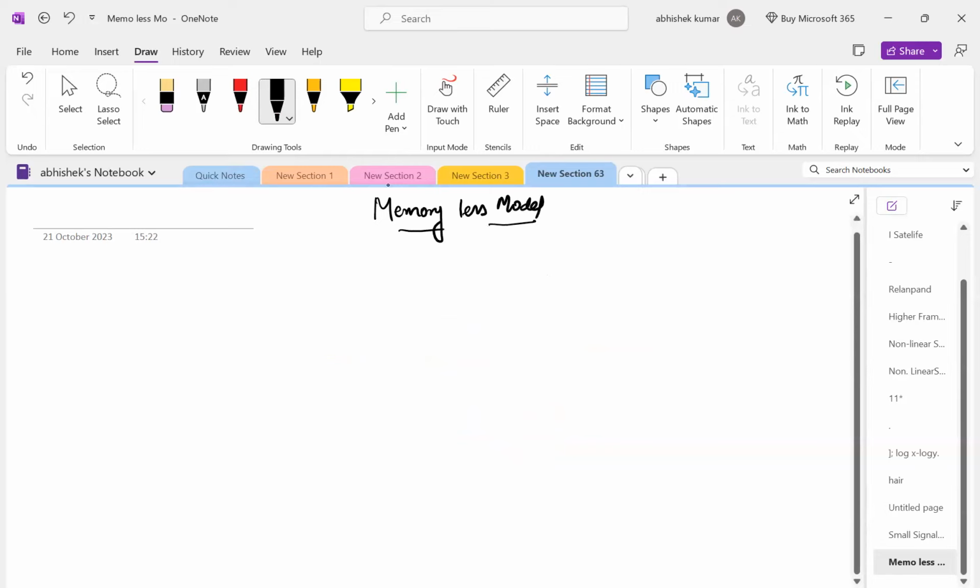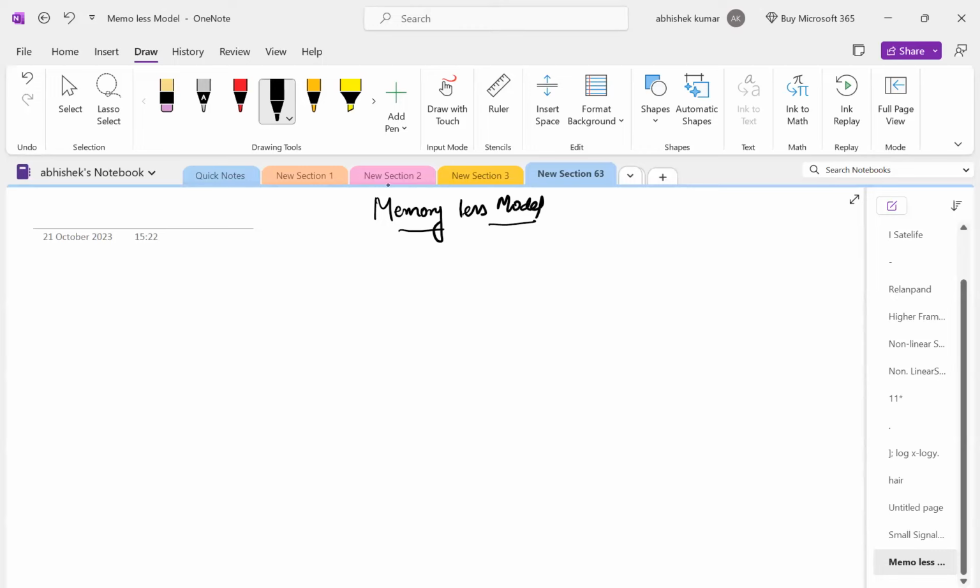Memory-less model. What do you mean by memory-less model? Did you study signals and systems? In signals and systems, we have many systems like causal system, non-causal system, memory system, dynamic system. Memory-less systems are those systems whose output depends only on the present input, not on the future or the past.